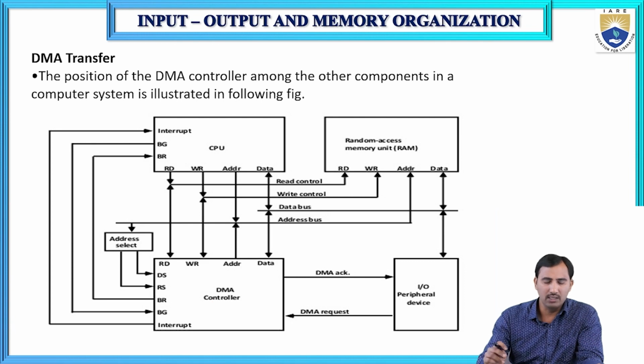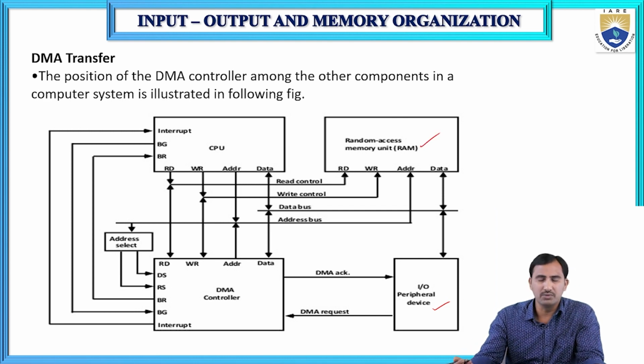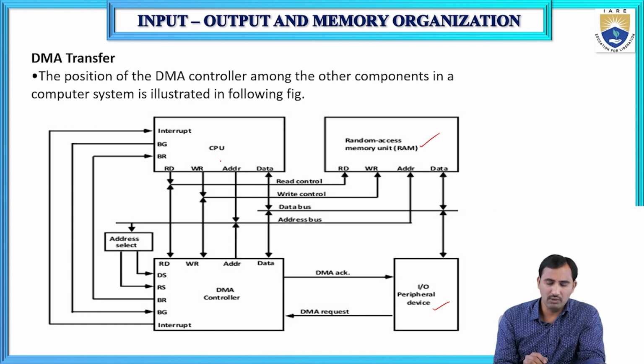Here you can see the block diagram, showing how the IO device transfers the data directly to the memory, whether it transmits or receives the data directly from the main memory, RAM, without involvement of the CPU. This is the position of the DMA controller among the other components in a computer system.